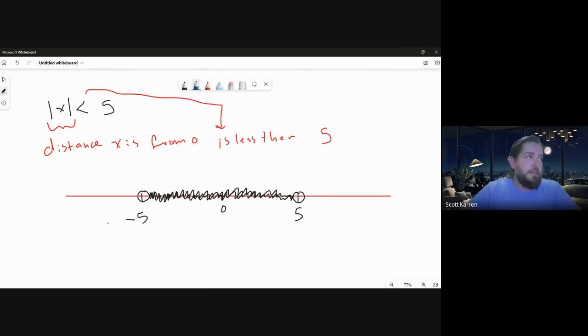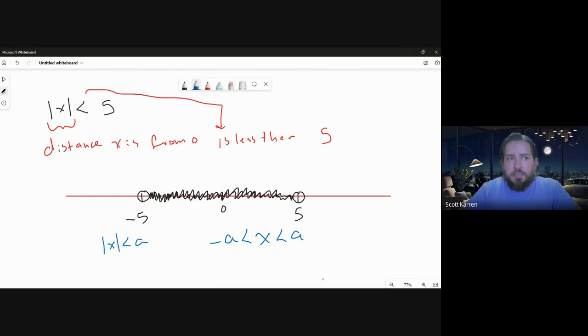So specifically, the absolute value of x being less than anything, a, let's just call it a, is the same thing as having a tripartite, which is just 2 inequalities smashed into a 3-way inequality, right?